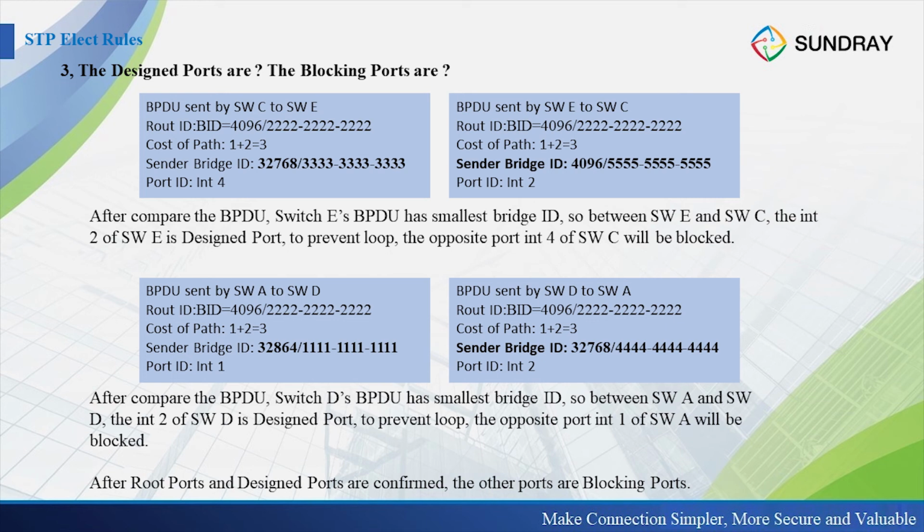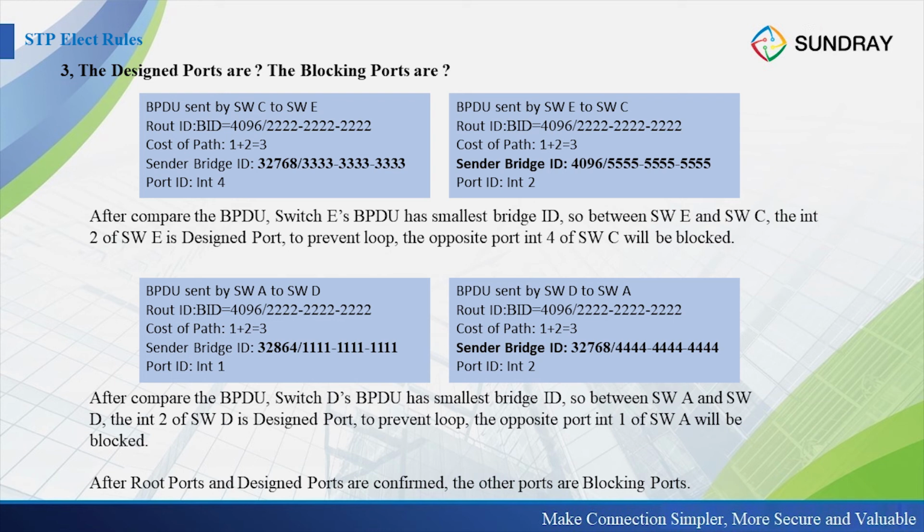Okay, let's see. The priority of switch C is 32768, which is bigger. And for switch E, the priority is 4096.